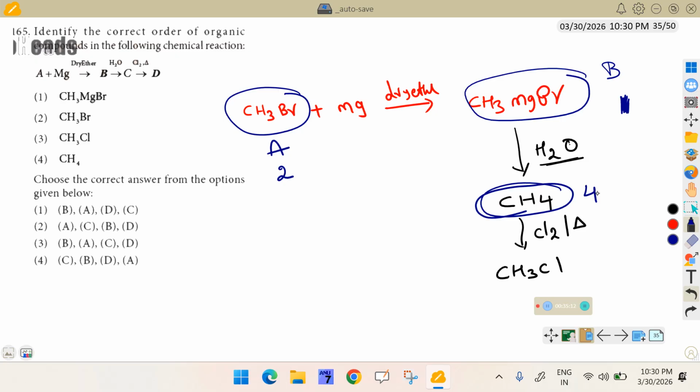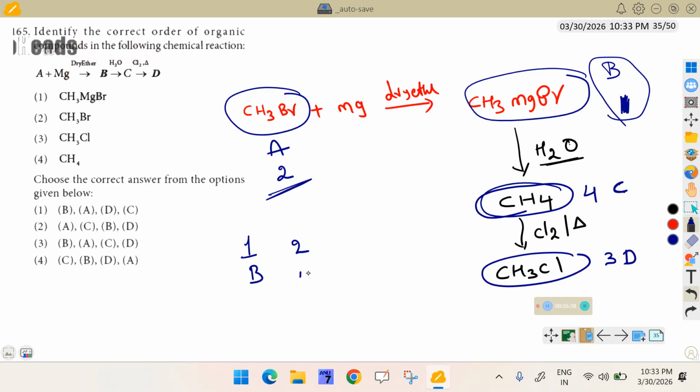CH3Cl is number 3 and it is D. Based on this, B is number 1, A is number 2, D is number 3, C is number 4. BADC. Fourth option is correct.